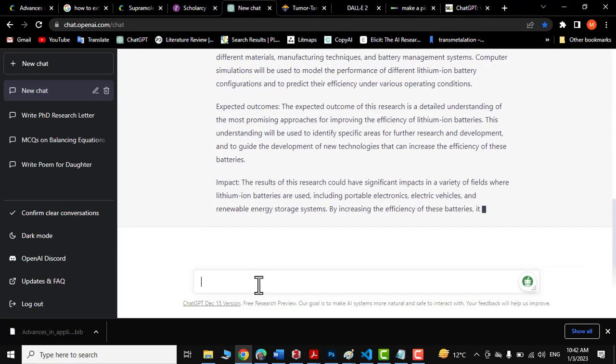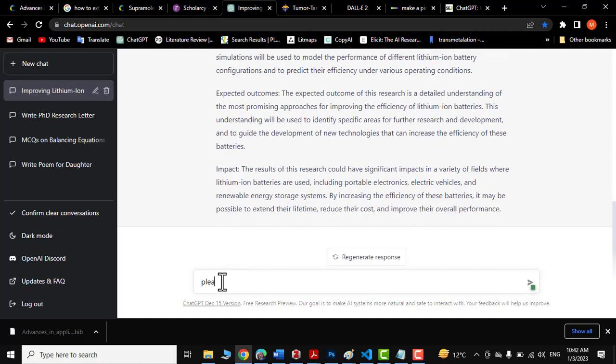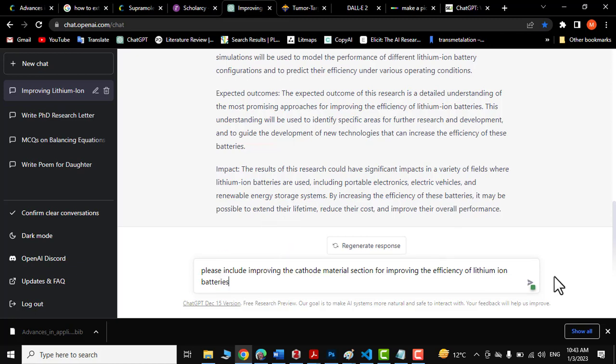For example, I'm going to ask it, please include improving the material section for improving the efficiency of lithium-ion batteries. Now I have added an extra part, and it would remember exactly what it has written before.